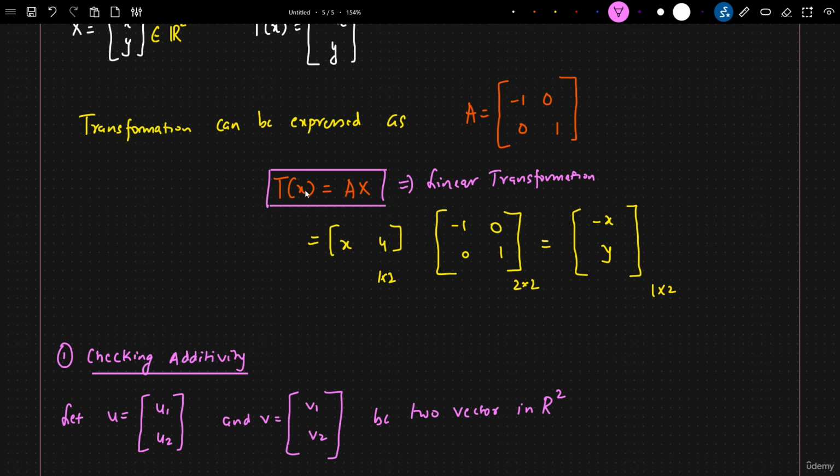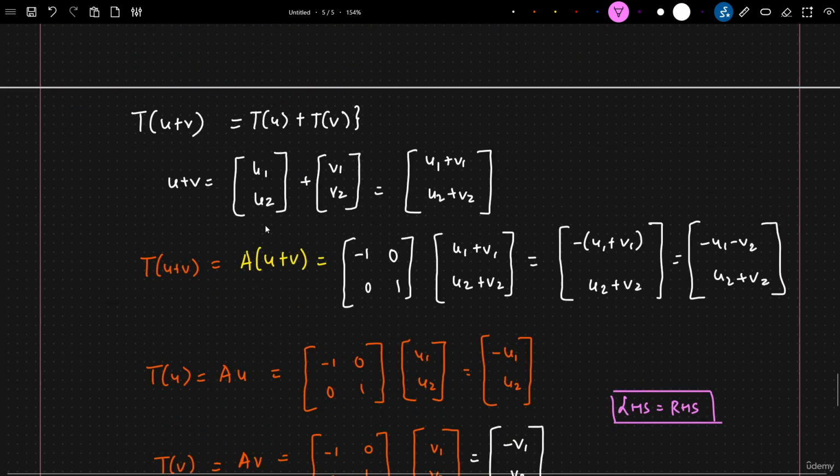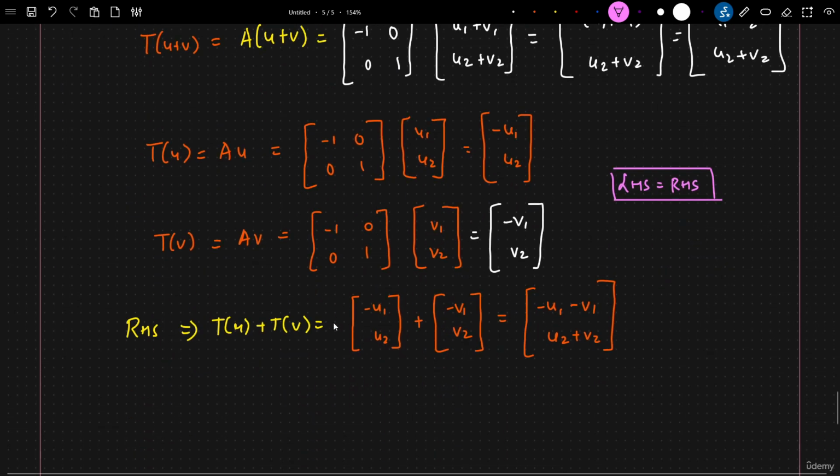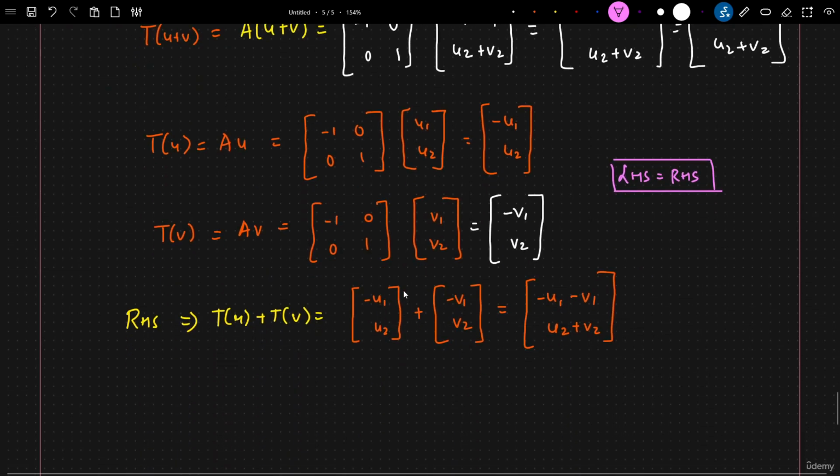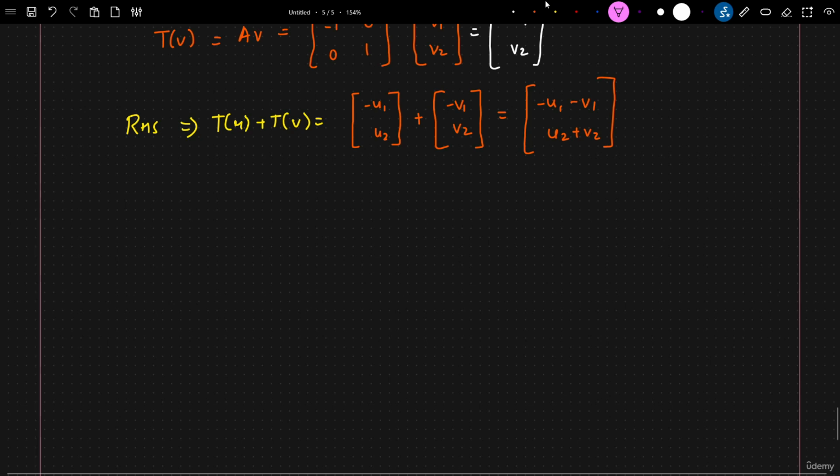One more point, because we still did not check the second rule. In the first property, it is satisfying. So we are one step towards linear transformation. This is how you actually do it. So this is what I have proved to show you how you can check whether it follows additivity or not. Now, the second one is checking homogeneity.